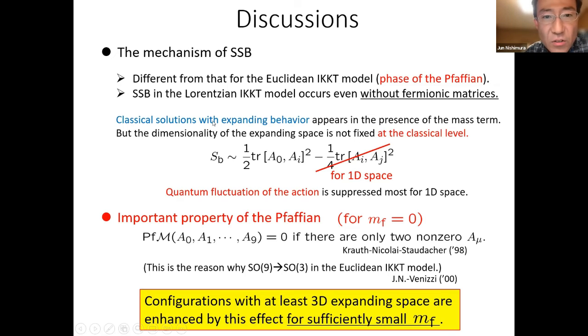Now, classical solutions with expanding behavior appear in the presence of the mass term, as I explained, but the dimensionality of the expanding space is not fixed at the classical level.